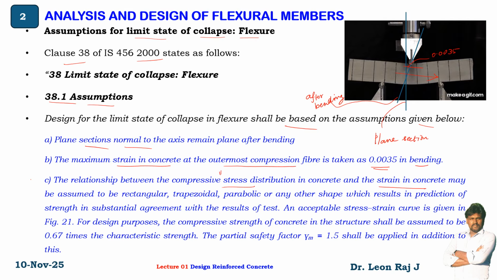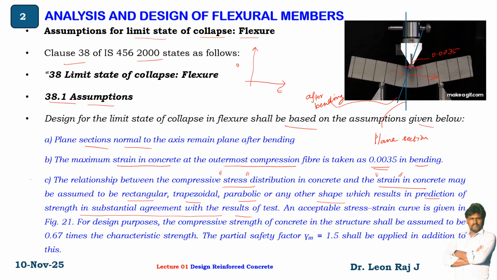The relationship between the compressive stress distribution in concrete and the strain in the concrete. So note down this: stress distribution and strain in concrete may be assumed to be rectangular, trapezoidal, parabolic, or any other shape, which results in prediction of strength in substantial agreement with the results of test. So they are simply telling that in the stress versus strain graph, the x-axis is strain and the y-axis is stress.